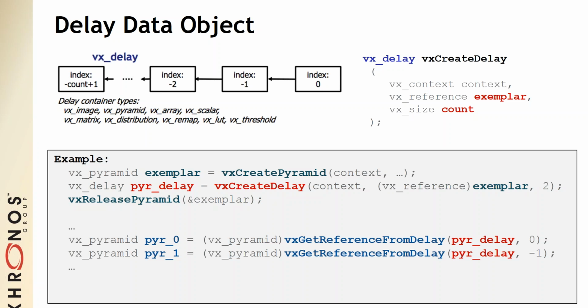Once you have access to the pyramid delay object, you can individually look at the pyramid objects inside the delay. You can use VX get reference from delay to access the pyramid object at delay slot 0 or delay slot -1.